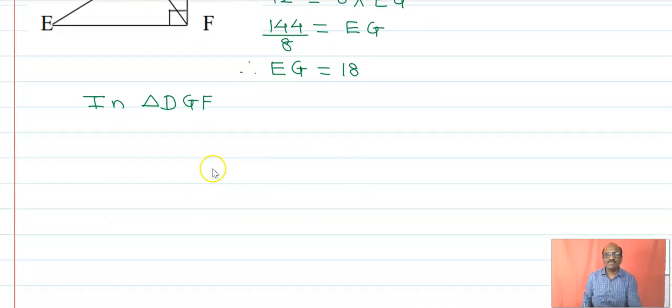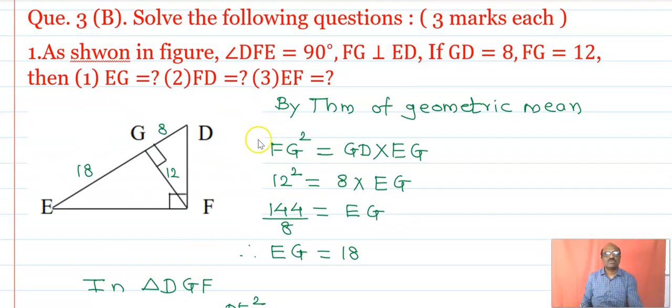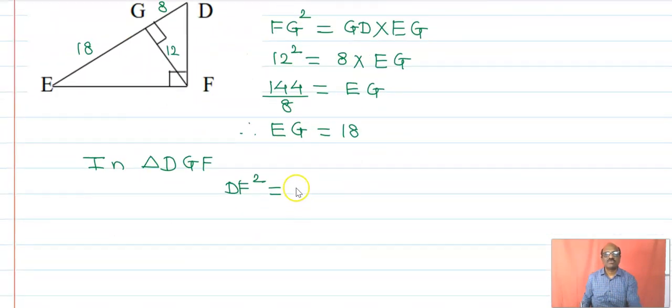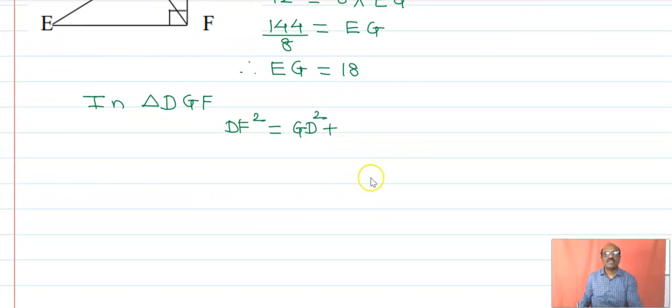Therefore DF square is equal to GD square plus GF square.